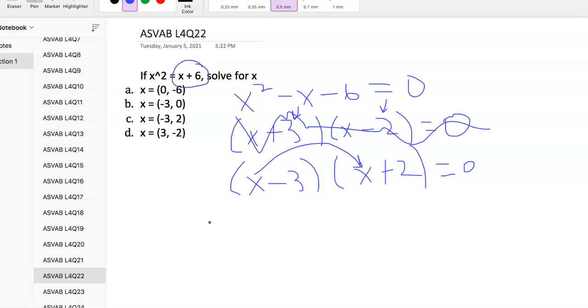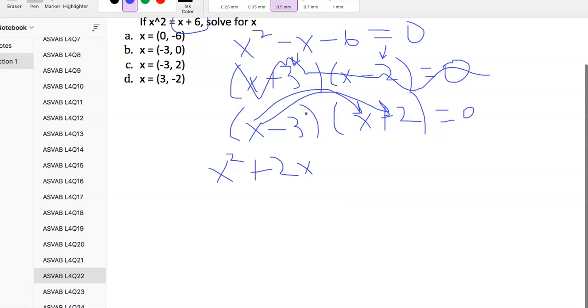So x times x is x squared. x times 2 is 2x, right? Then -3 times x. Looks good. -3 times 2 is the last thing.